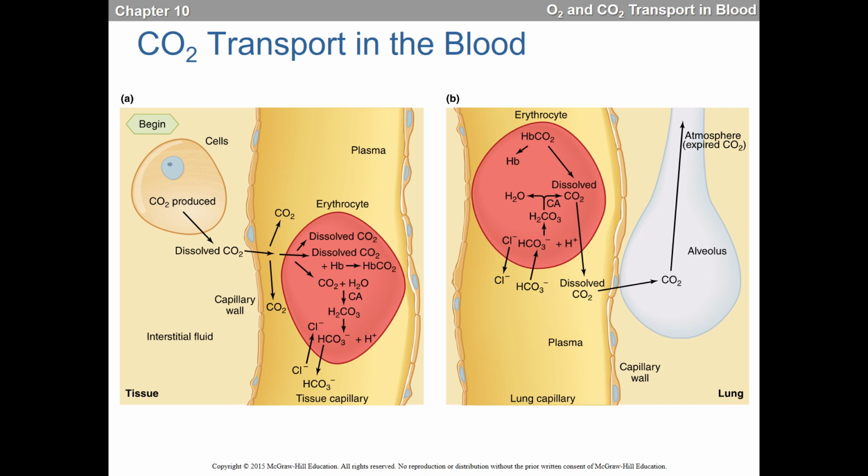Now, a really big thing here, if we're taking this HCO3 out of the red blood cell, that means that we can actually get more carbon dioxide into here, and we can essentially do this more and more.